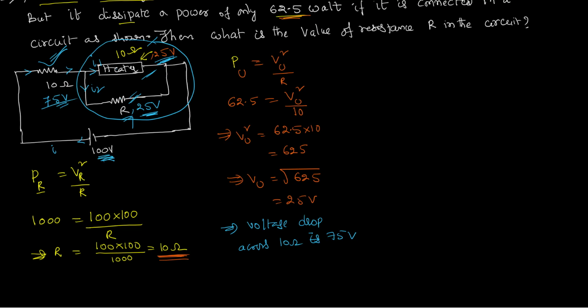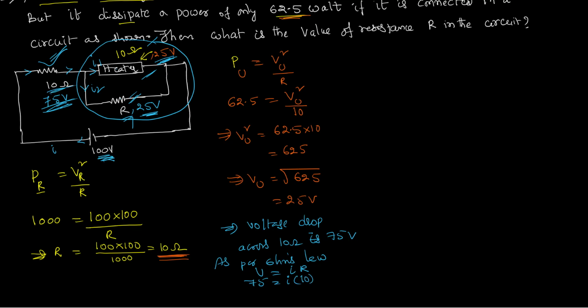Now I know the resistance of this, I know the voltage of that, I can apply Ohm's law there. As per Ohm's law, voltage across that 10 ohms is equal to current across it multiplied by resistance. We have calculated the voltage already as 75 volts. I don't know the current, but I know the resistance of that is given as 10 ohms.